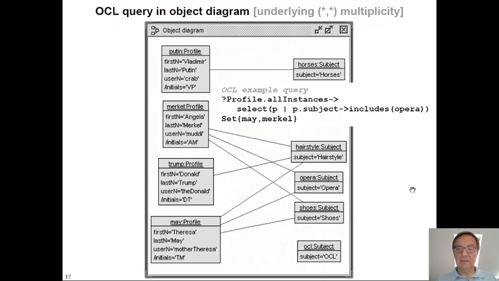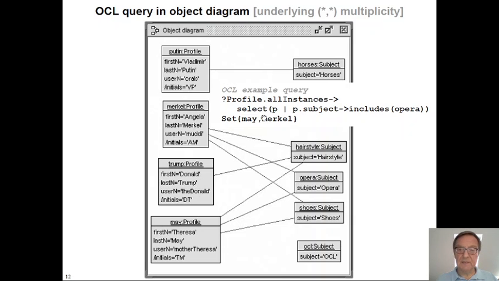The query that we see here is Profile.allInstances->select(p | p.subject->includes(opera)). Roughly speaking, in English terms, I want to know those profiles where the profile is interested in the subject opera.